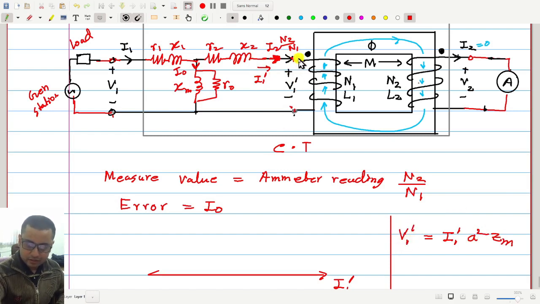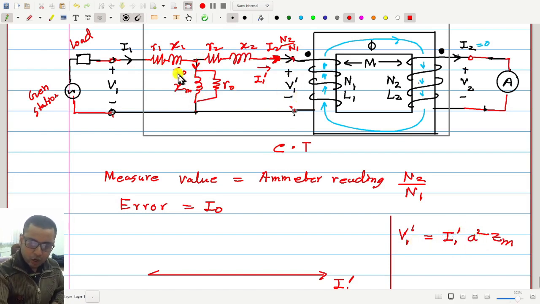This voltage is also approximately equal to this voltage, because this drop is small. This drop we are neglecting. If you consider this, again you will get some second order terms, not required. This voltage is approximately equal to V1 prime.